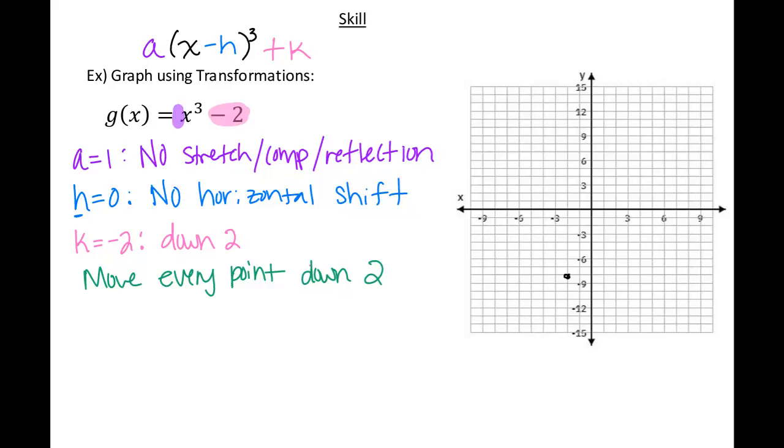-2, -8, -1, -1, 0, 0, 1, 1, and 2, 8. And make sure to connect those together. And we're going to label that one f of x.